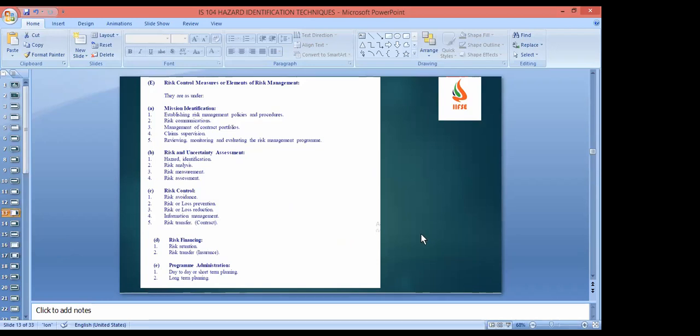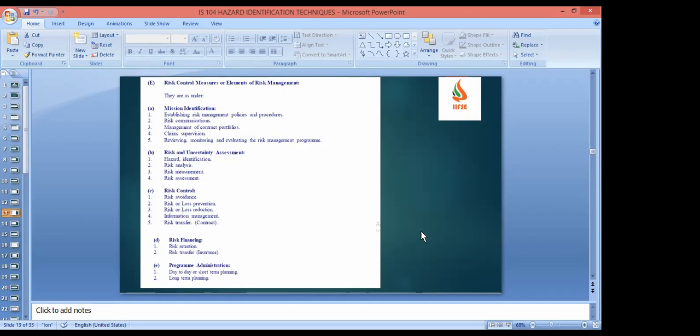Another topic is risk control measures, or elements of risk management. How are you going to control the risk? We have seen hazard identification techniques, risk analysis, and qualitative and quantitative assessment. Now we'll see how this risk can be controlled. One is mission identification. First of all, we have to establish risk management policies and procedures.